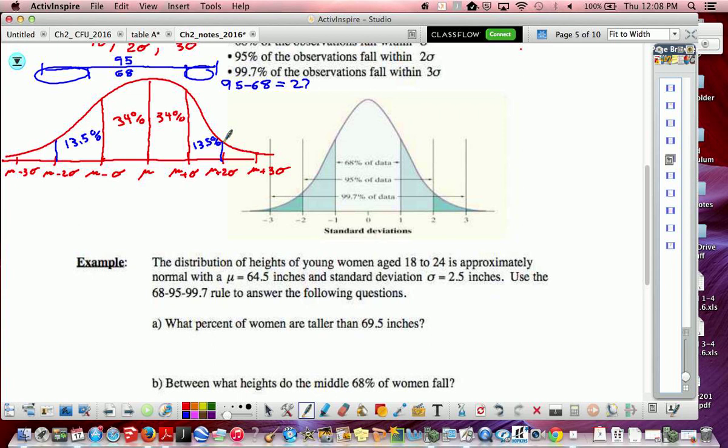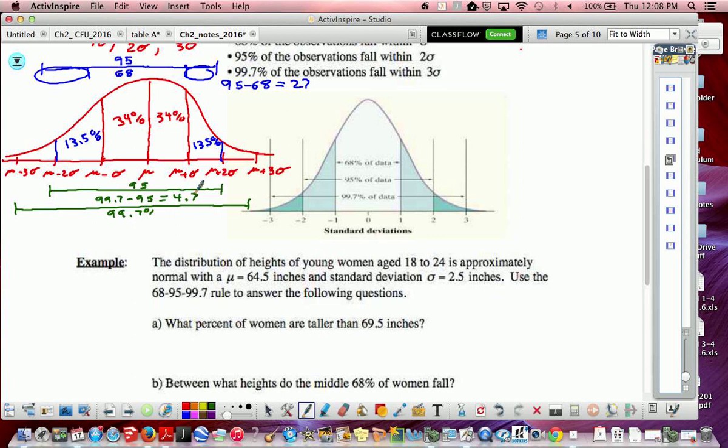Now, to get the last two, I'm going to think about it like this. The whole thing right now is 100%. If I'm talking about 2 standard deviations, I've already accounted for 95. Now, if 3 standard deviations is 99.7%, if I do that subtraction again, 99.7 minus 95, that leaves me 4.7.